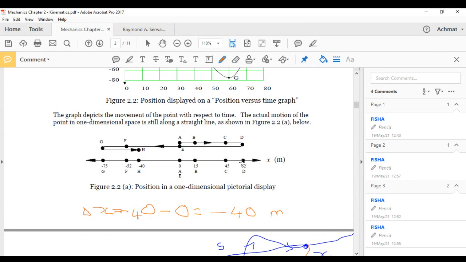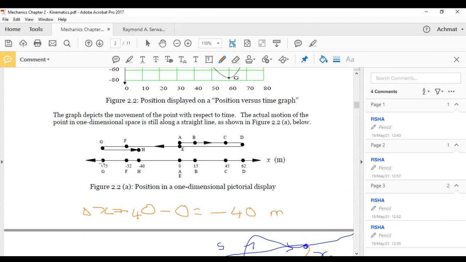From here to there is 15. From there to there is not 45, so I can't add those two up. From there to the furthest position is 62. Now we come back, another 62, back to E, and then we go that way.